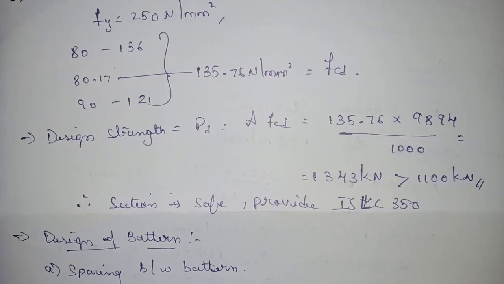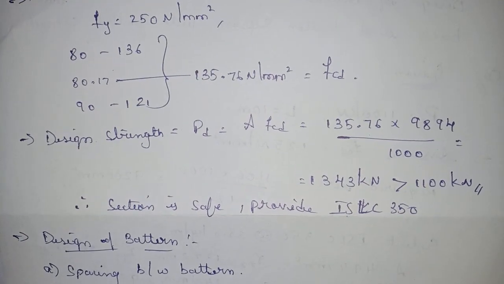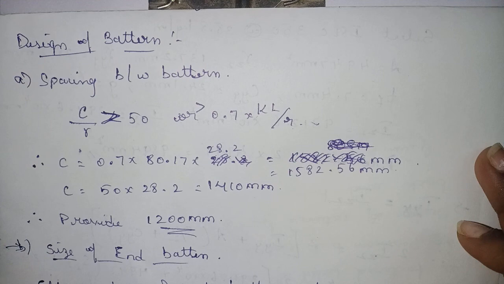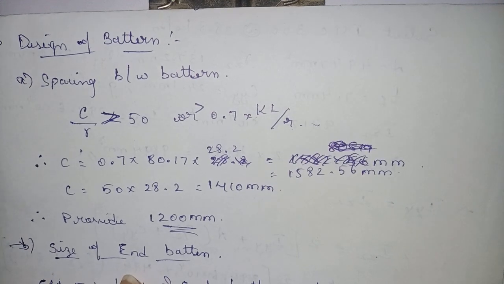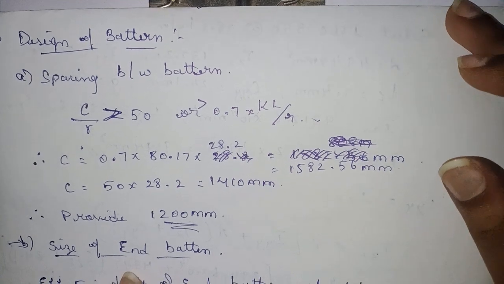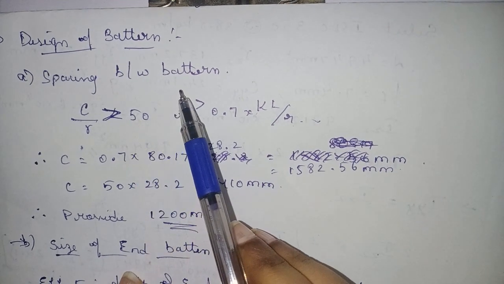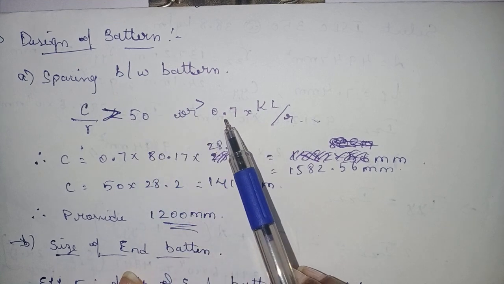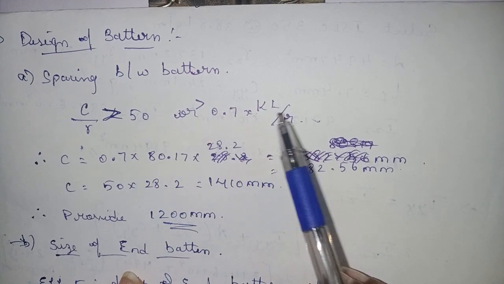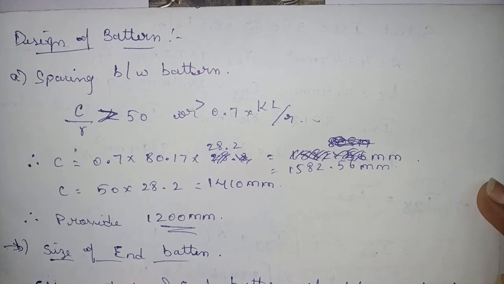So now next we will go for the design of batten. So till now we calculated the channel section, that is the column. Now we'll calculate how to connect the two by using the battens. First thing, you need to calculate the spacing between the battens. C by r should be greater than 50 and also it should be greater than 0.7 times of KL divided by r.